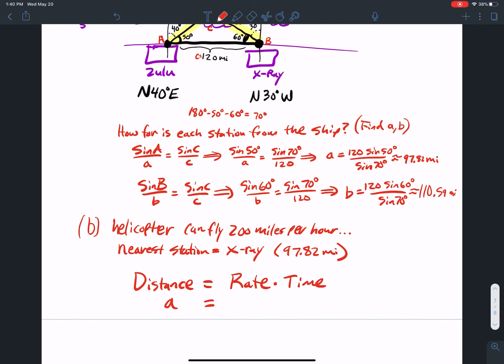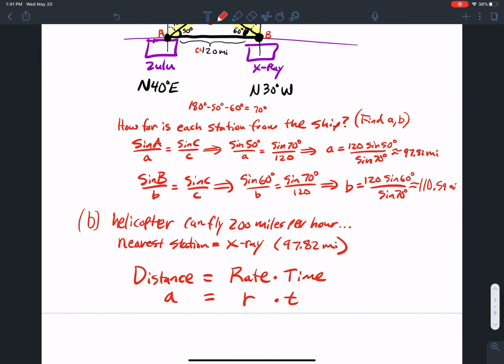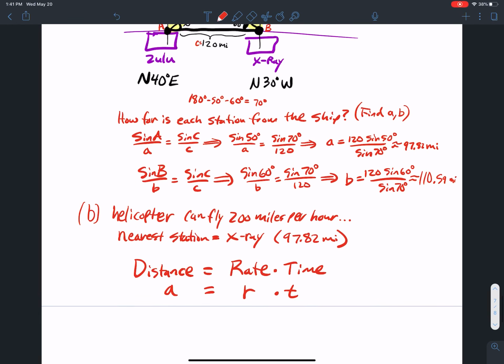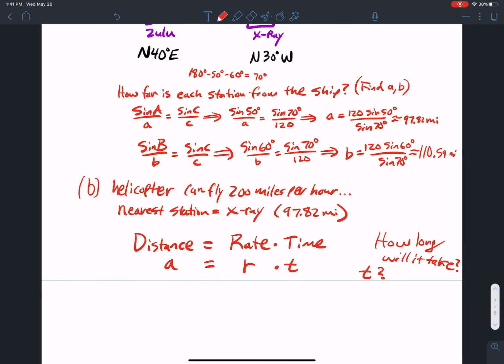So the rate, R, times the time, T. The question is, how long will it take? So we want to know T. How do I solve for time?